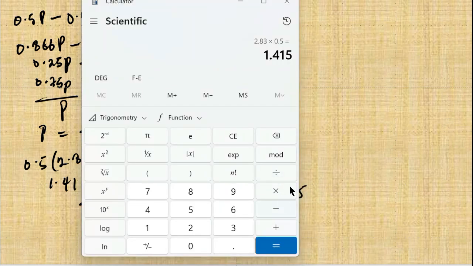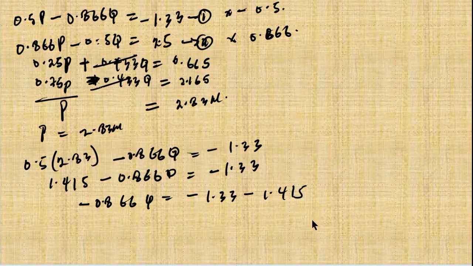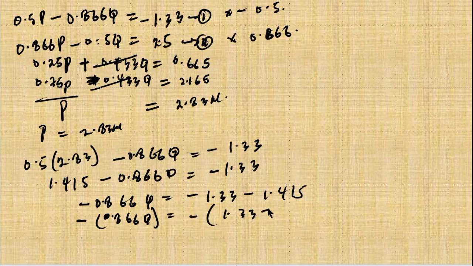Now I can decide to take my negative sign out, so this is minus into 0.866Q equals minus into 1.33 plus 1.415.